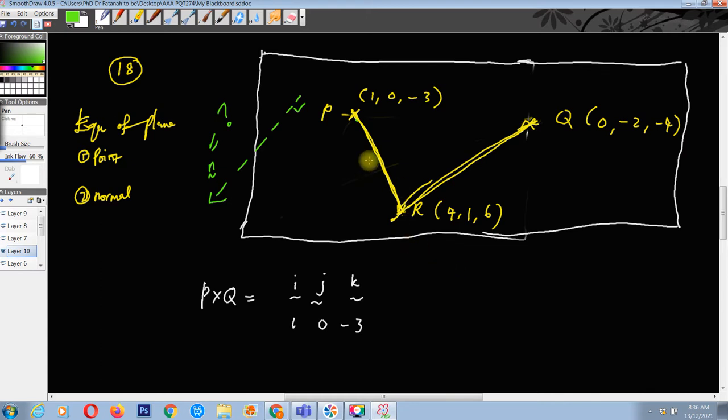So RP, what is RP? So 1, 0, -3 minus 4, 1, 6.